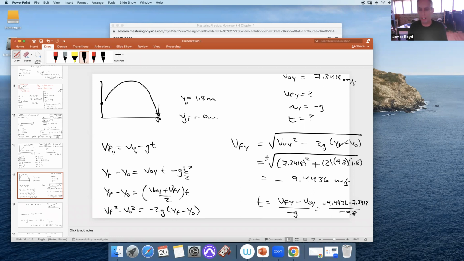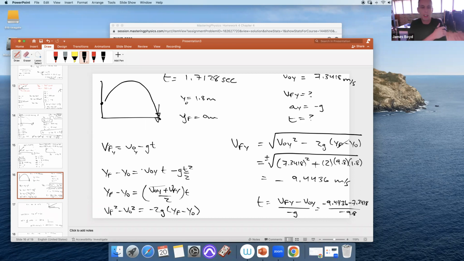All those negatives are going to cancel and become positive. 9.4436 plus 7.3418 divided by 9.8. I get 1.7128. So the time is 1.7128 seconds. You could have done the quadratic. You would have gotten the same thing if you did it correctly.